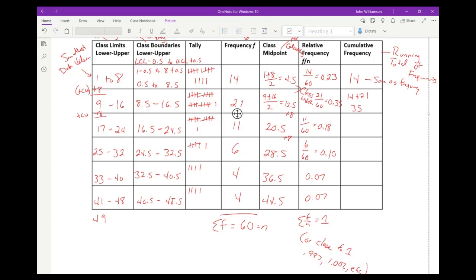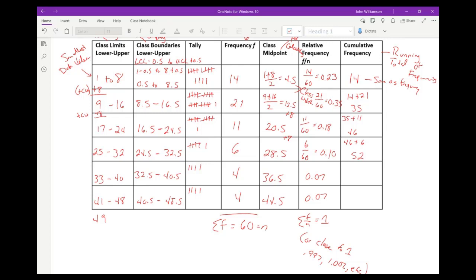Because we've already added every other row up. So for this next one, all you have to do is 35 plus the 11 to get to the 46. And then same idea. So our next one, you tell me, what two numbers are we going to add? 46 and 6, exactly, to get to 52.